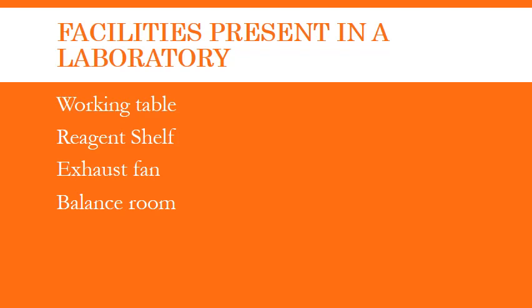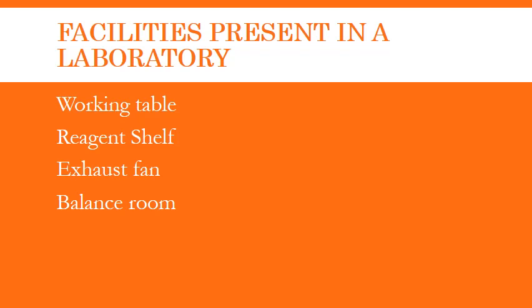You will see a Bunsen burner, which you will be using to burn substances on the working table. We have a reagent shelf in the lab. That's where we keep all the chemicals in a systematic way. An exhaust fan, because we need to keep the air in the room fresh and remove all poisonous gases and foul smelling gases out of the room.